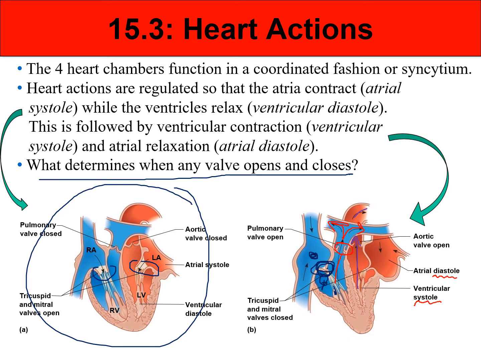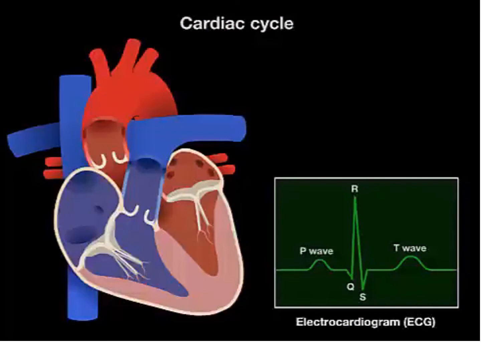If the pressure on the ventricular side is higher than the atrial side, that AV valve will close. Of course, as the AV valve closes, the semilunar valves are opening up. So you have to understand that pressure changes on either side of the valve determine when those valves open and close.